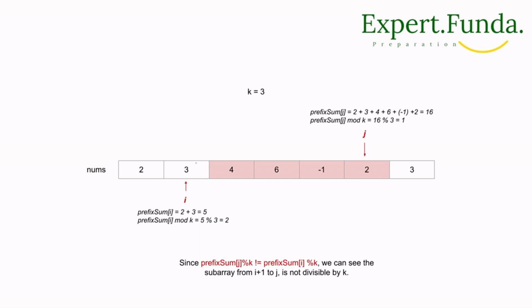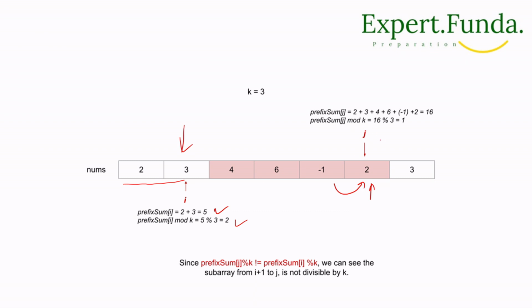Now think about when i remains here and j moves one more position. The prefix sum for i remains the same, and its mod is also 2. This will remain constant.